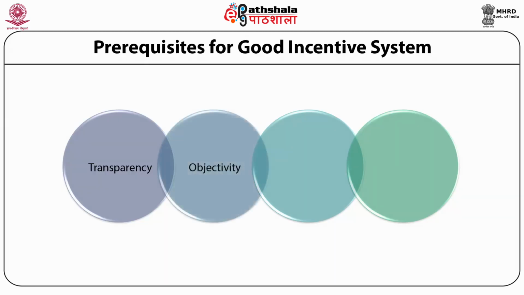Second, objectivity. The incentive scheme should keep subjectivity in the performance evaluation and incentive computation to the minimum. The greater the subjectivity in the incentive schemes, the larger the scope for charges of personal bias and prejudice in the determination of rewards for employees.